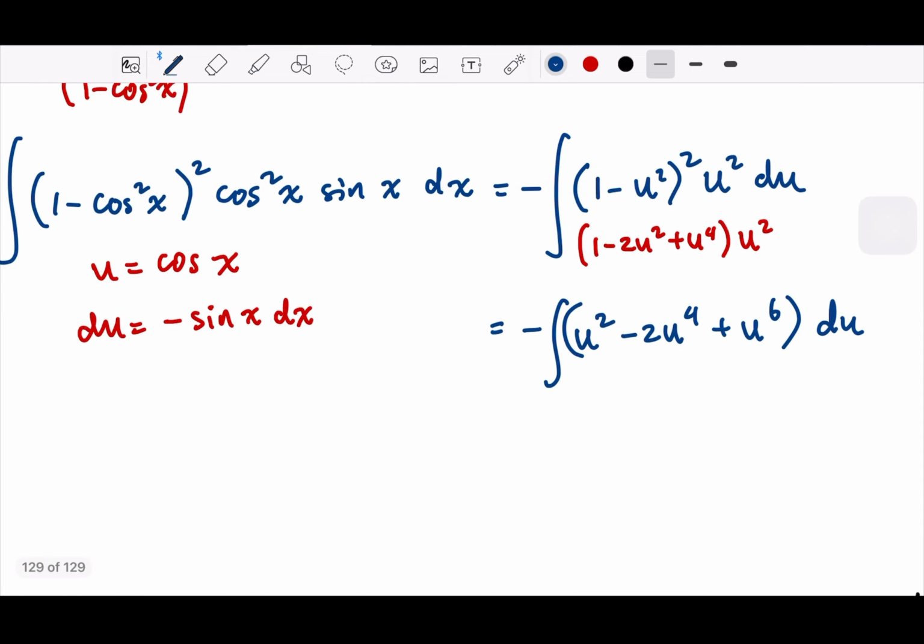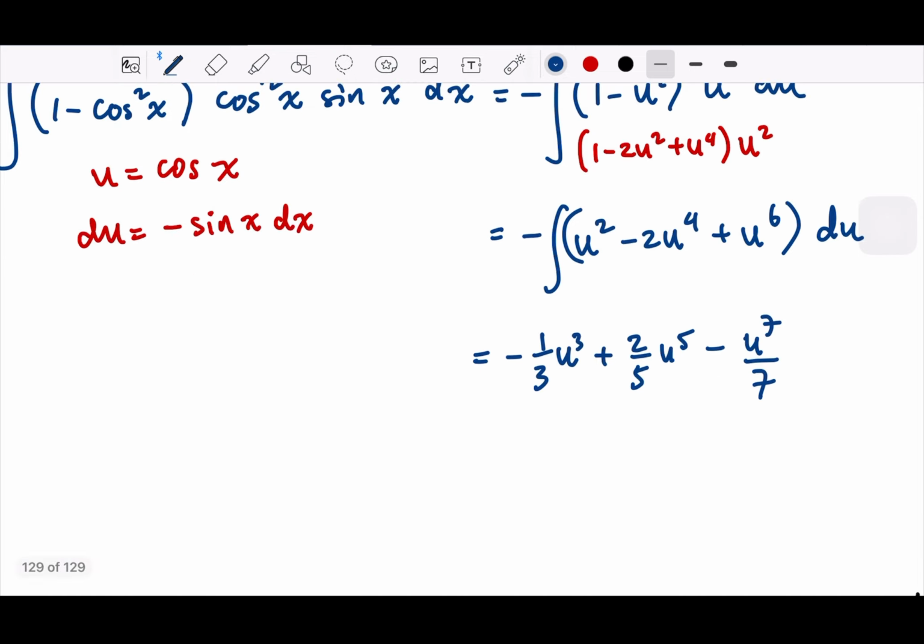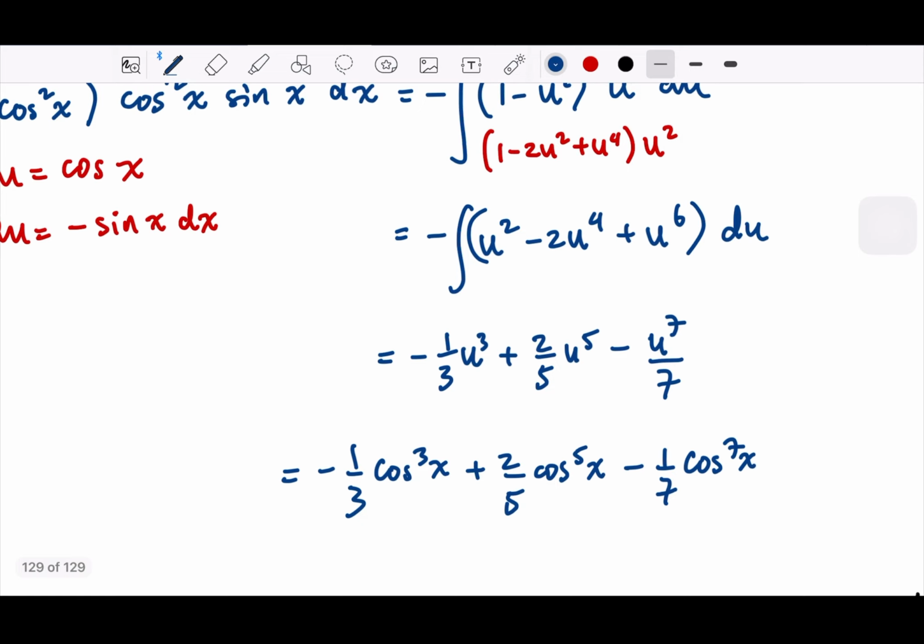And then finally, we will have minus 1 over 3 u cubed plus 2 over 5 u to the power of 5, and then minus u to the power of 7 over 7, and we can substitute back to the original equation. So cosine cube x, and don't forget plus a constant at the end.